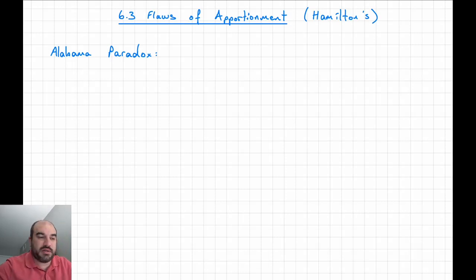Who can tell me what the Alabama paradox is, or summarize the general idea of it? If you remember from the video, or if you took some notes. It's when you're adding a seat to the total and then one of the other states loses one even though the population didn't change.